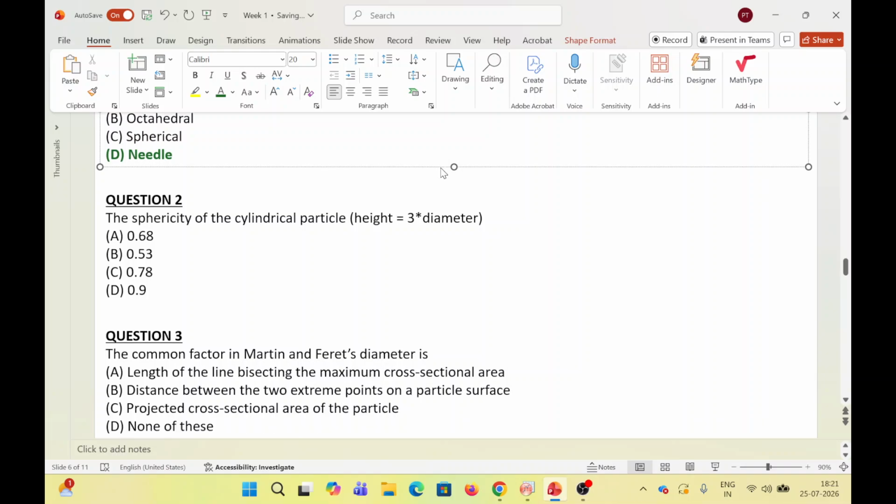What about question 2? The sphericity of a cylindrical particle which has a height equal to 3 times its diameter.